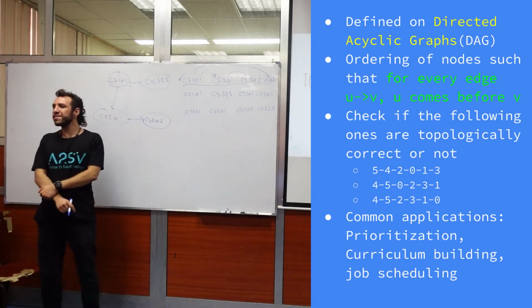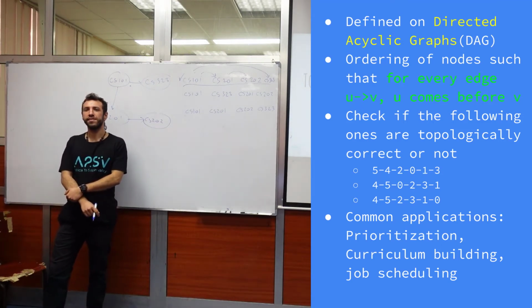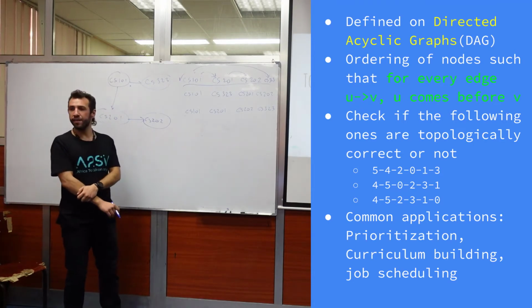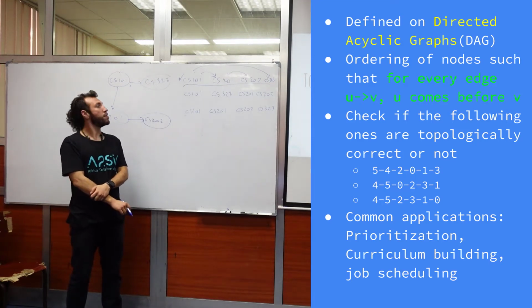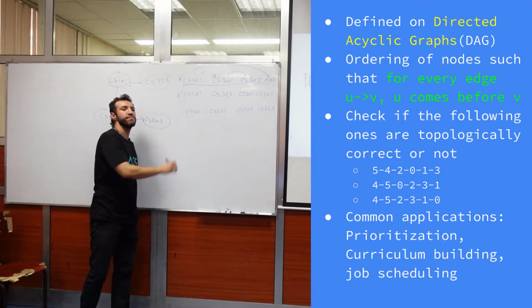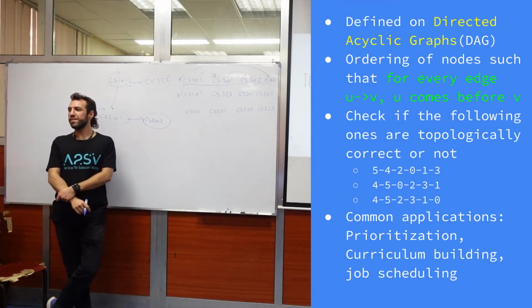Who wants to evaluate the second one? It's topological because we're taking CS101 before the other courses, and we're taking CS201 before CS202. So the order of everything is different. Yep. How about the third one? It's the same as the first one.